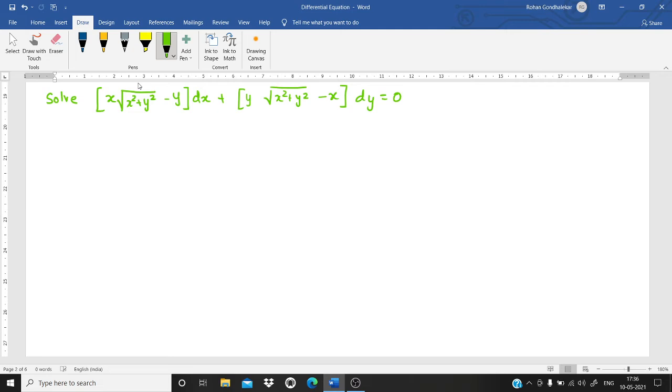Is it okay? So this is M dx plus N dy. Try to solve this differential equation. We give this problem as homework.